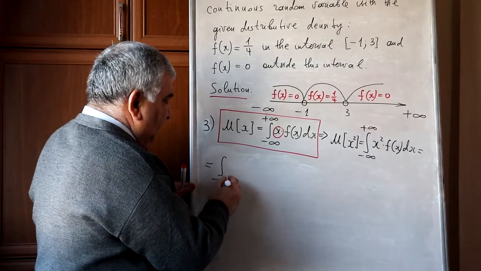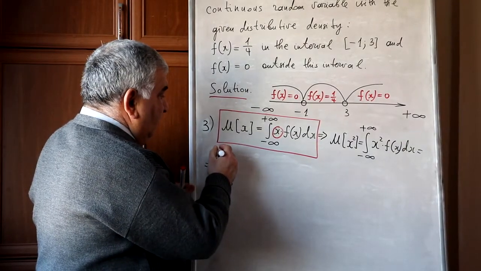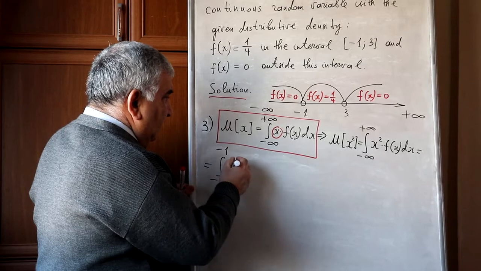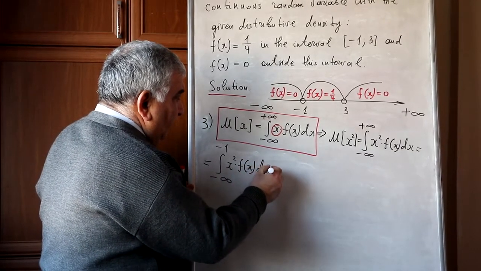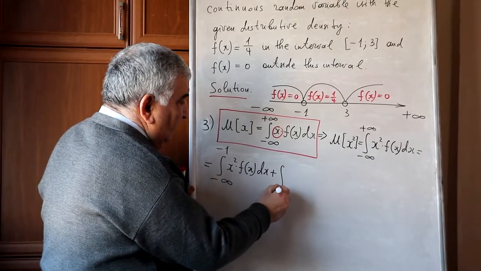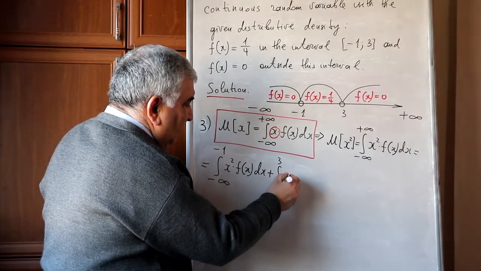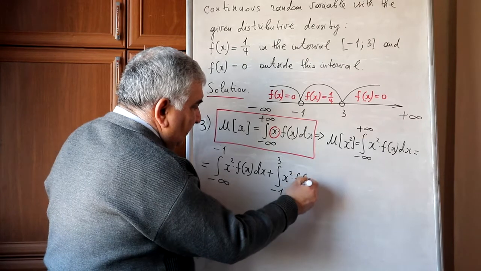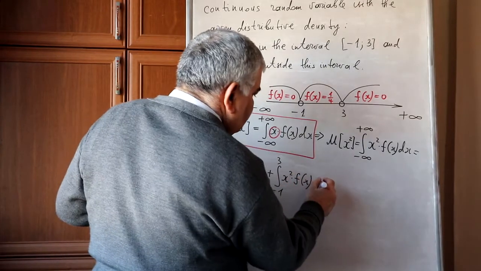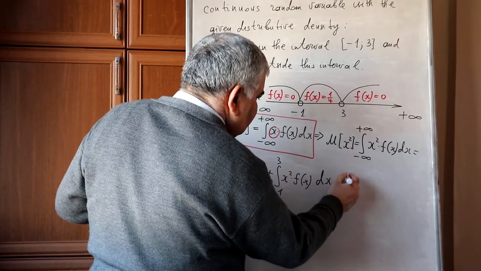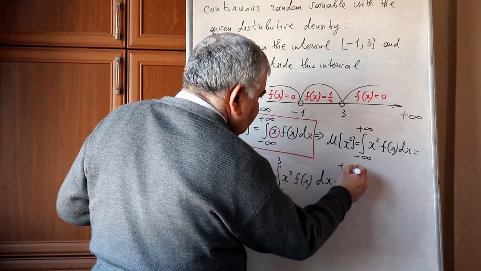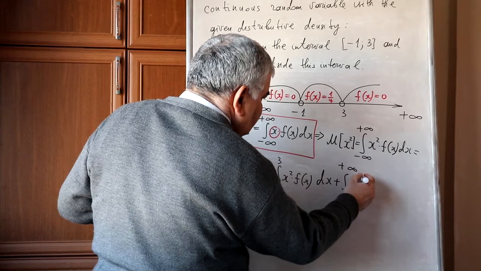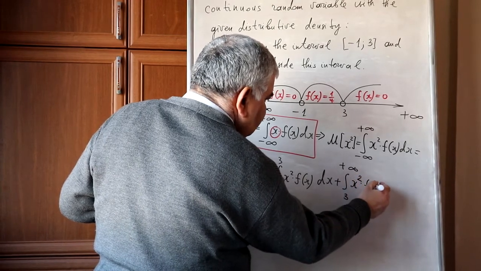Integral from -infinity to -1 of x squared f of x dx, then plus integral from -1 to 3 of x squared f of x dx, and finally plus integral from 3 to +infinity of x squared f of x dx.